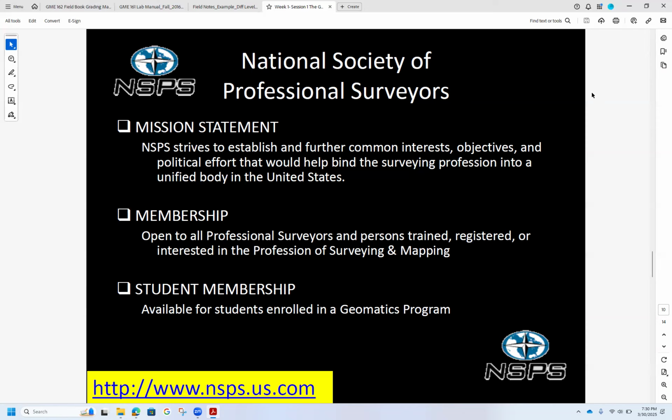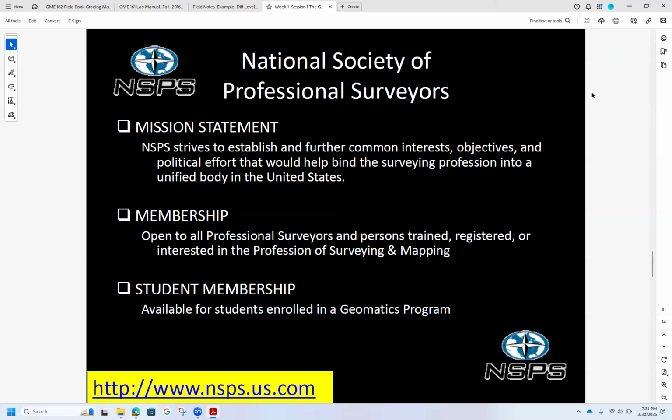We want to unify things, but by laws, from Washington to Idaho to Oregon, we have different laws and different ways of how surveying or property cases are handled. So again, we are a unified body, but we have quite a bit of variety, state by state, agency by agency, of how we handle different problems when it comes to boundary stuff or the surveying profession or any of that stuff.